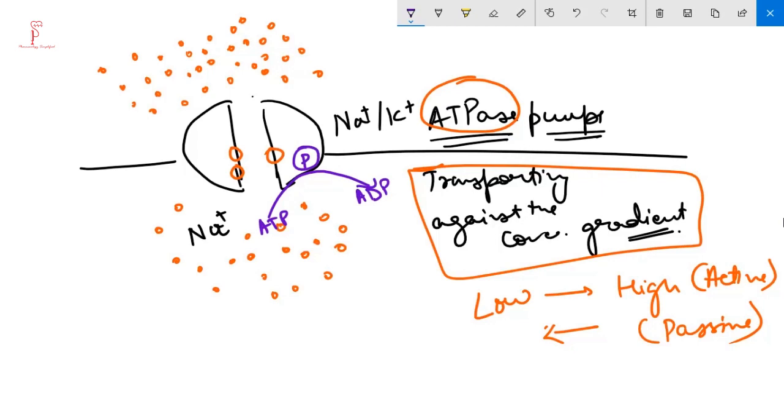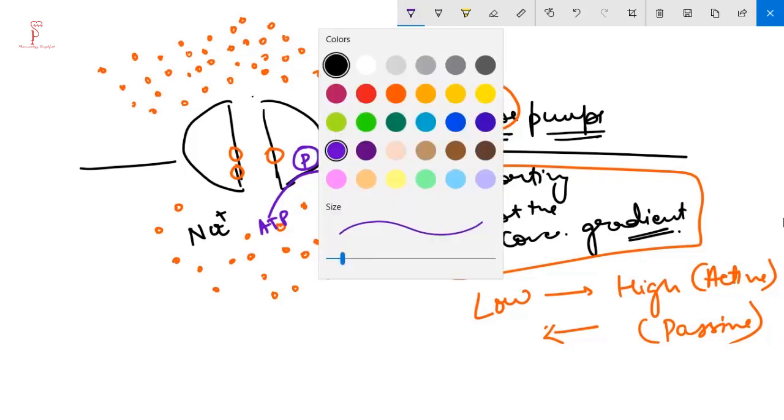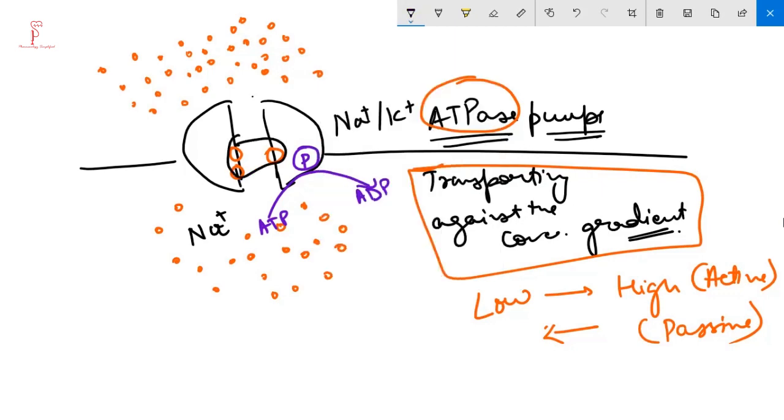This ATP is converted into ADP, right? That means there is phosphorylation of this pump. Phosphorylation is activation of this pump, and now it will show a conformational change. That means there will be a change in the shape of this pump, which will allow these three sodium molecules to be pumped outside the cell.